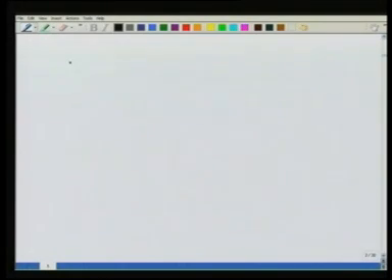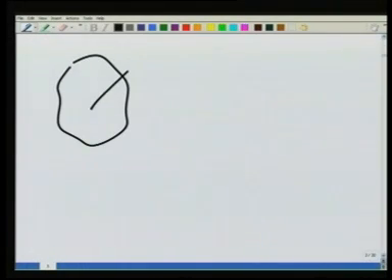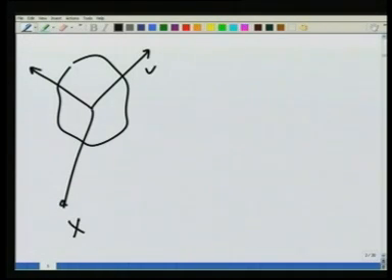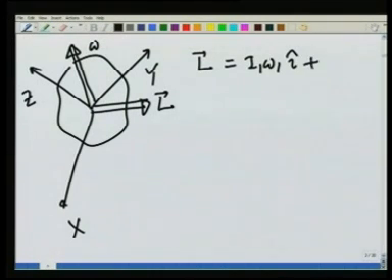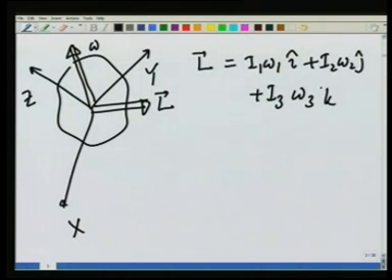So what we see is, in the case of x, y, z principal axes, with omega and L not being parallel, L could be I1 omega 1 i plus I2 omega 2 j plus I3 omega 3 k.